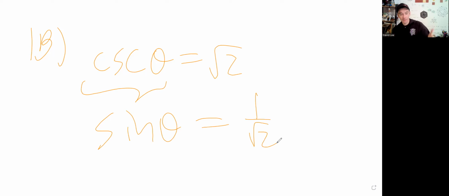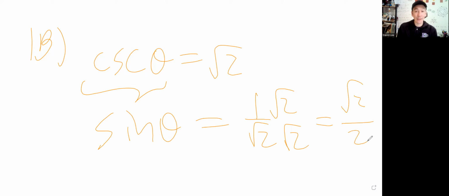That's a trick that you can do. Turn cosecant into sine, but the other side gets flipped. Now from here, maybe we can rationalize the denominator. I can multiply top and bottom by square root 2. The top would be square root 2, and the bottom would be a regular 2.